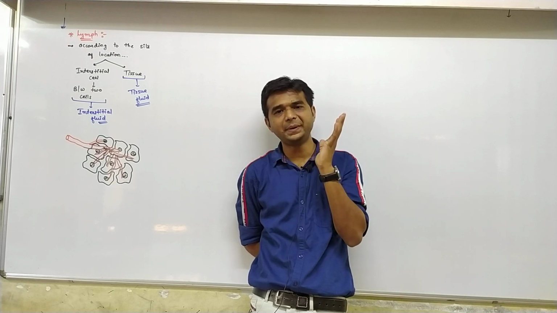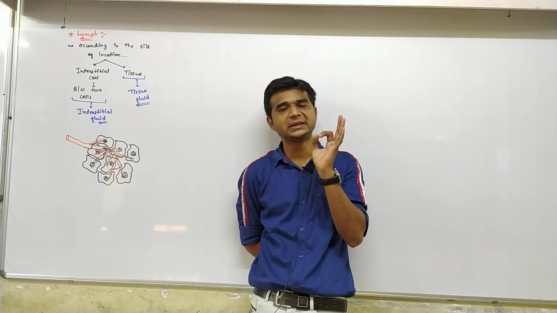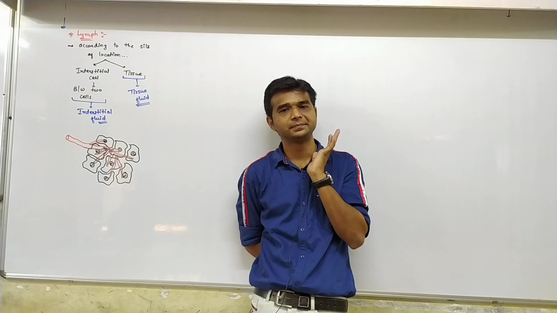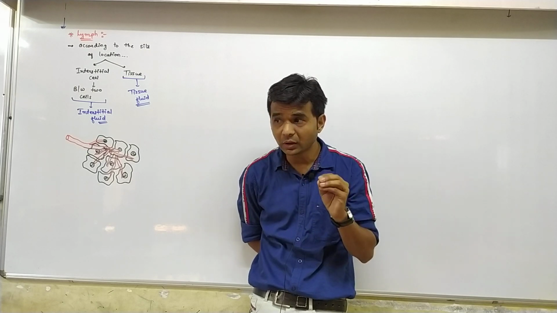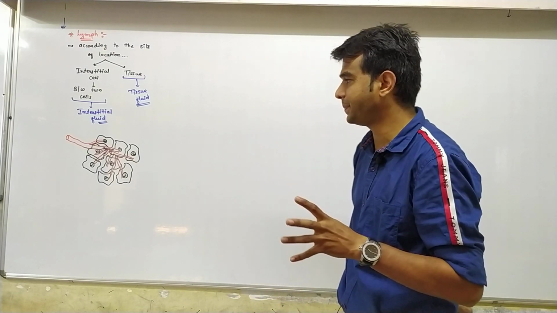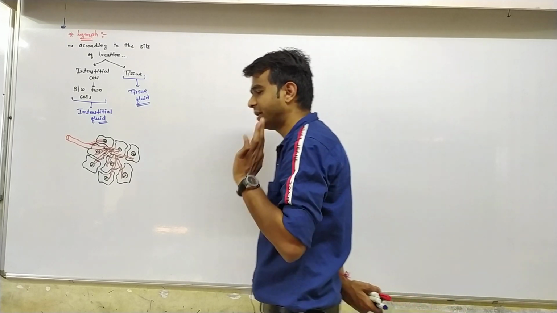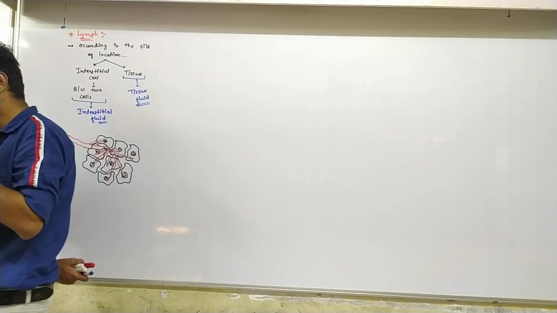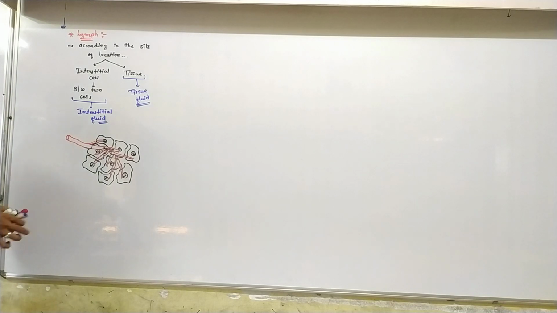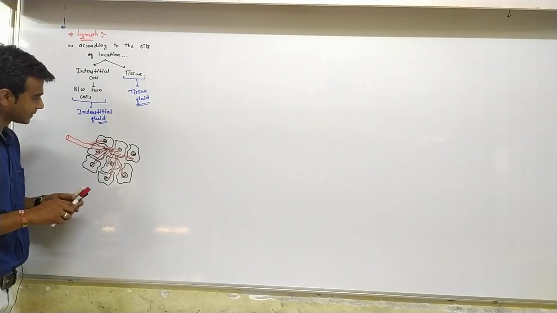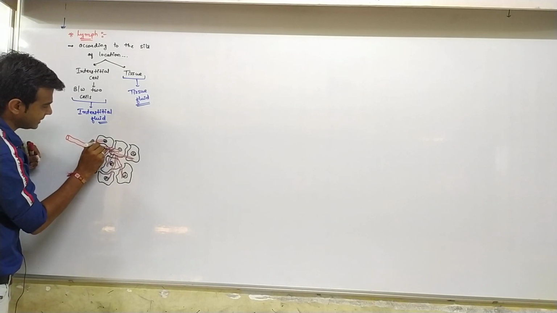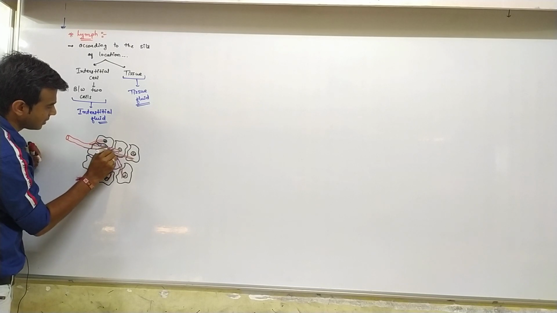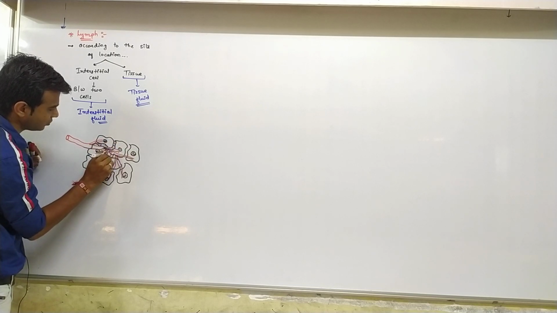Through these blood capillaries only we obtain all the substances from our blood. So the artery gives many branches at the tissue level. Each and every cell is supplied by the capillaries, but the blood is now released between the two cells.